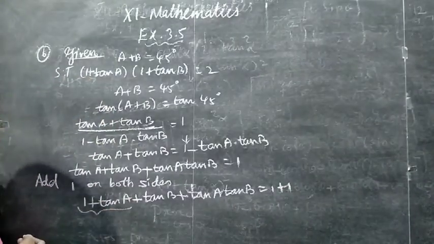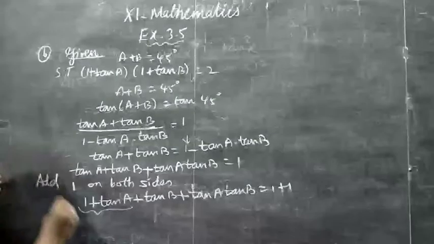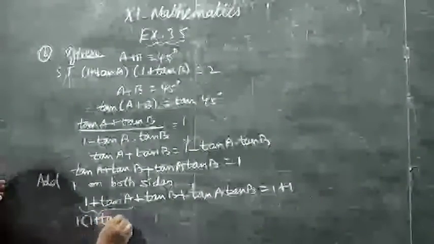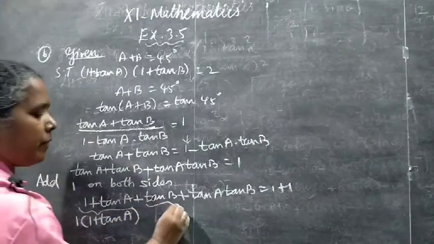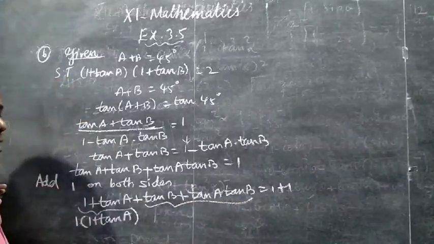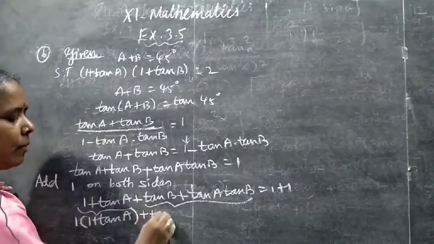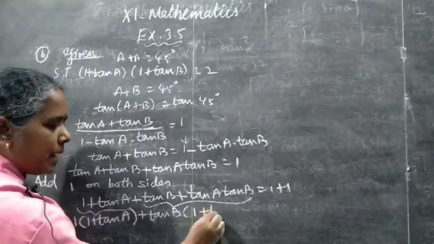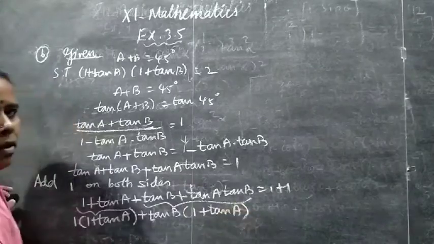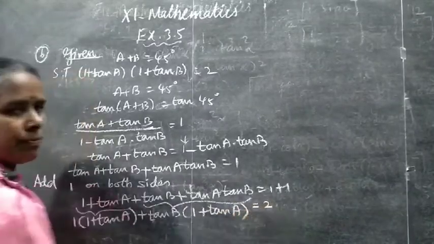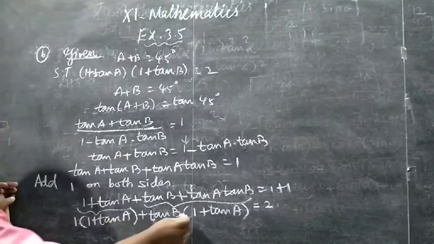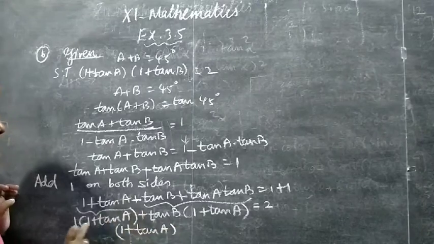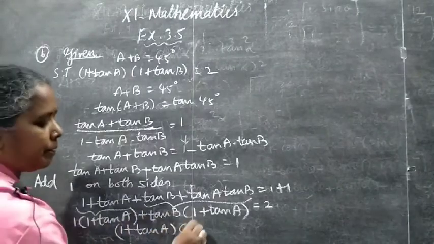There is the possibility of taking 1 as common from the first two terms; the inner term is 1 plus tan a. From the other two terms I take tan b common out, and 1 plus tan a is the inner term. Clear? And the right hand side becomes just 2. Now I can take 1 plus tan a as common. Then the remaining term is 1 plus tan b.